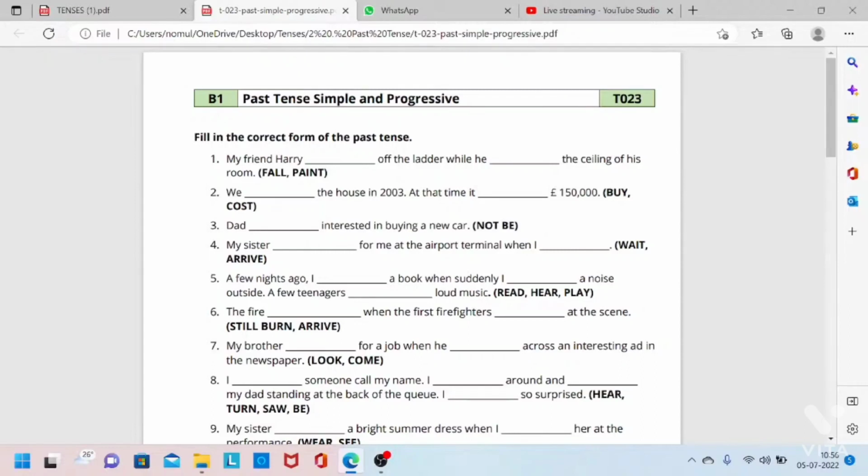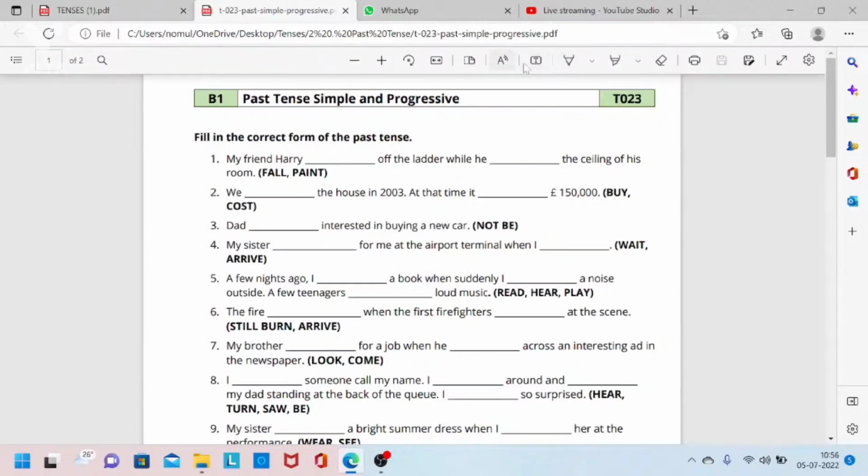So let us fill in the correct form of past tense. My friend Harry dash off the ladder while he dash the ceiling of his room. So using fall and paint we have to complete these blanks. Can anyone guess? Yes. So the past tense for fall is fell.